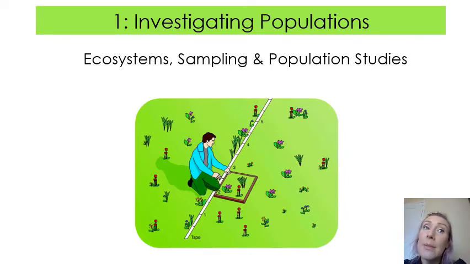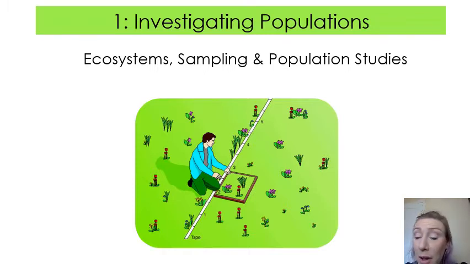So to be able to do that, we will learn about three different methodologies. Okay, two you're already super familiar with from your GCSE studies. So as you can see from your spec, we'll be looking at how we can estimate the size of a population using randomly placed quadrats. Okay, so I know you've done that one at school.